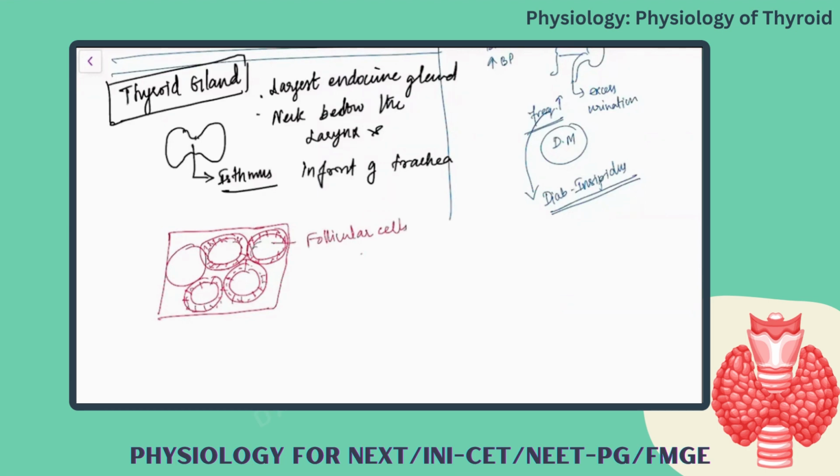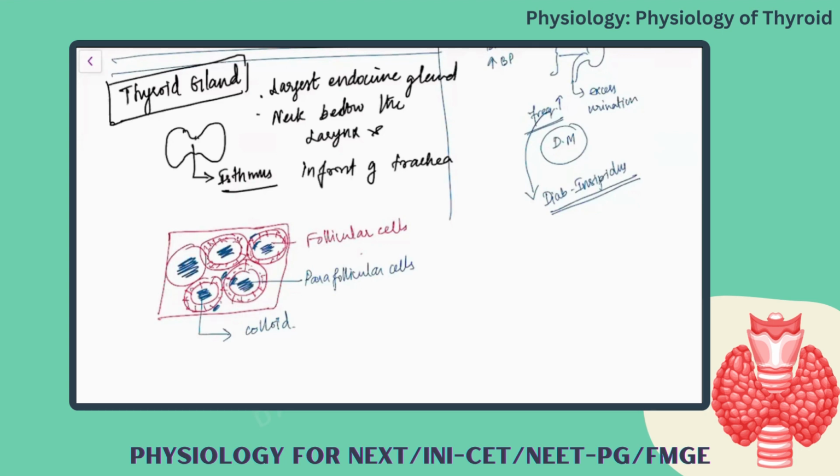And on the surface, you have the cells which also have a role, and they are called parafollicular cells. And inside the follicular cells, you have the substance called colloid.